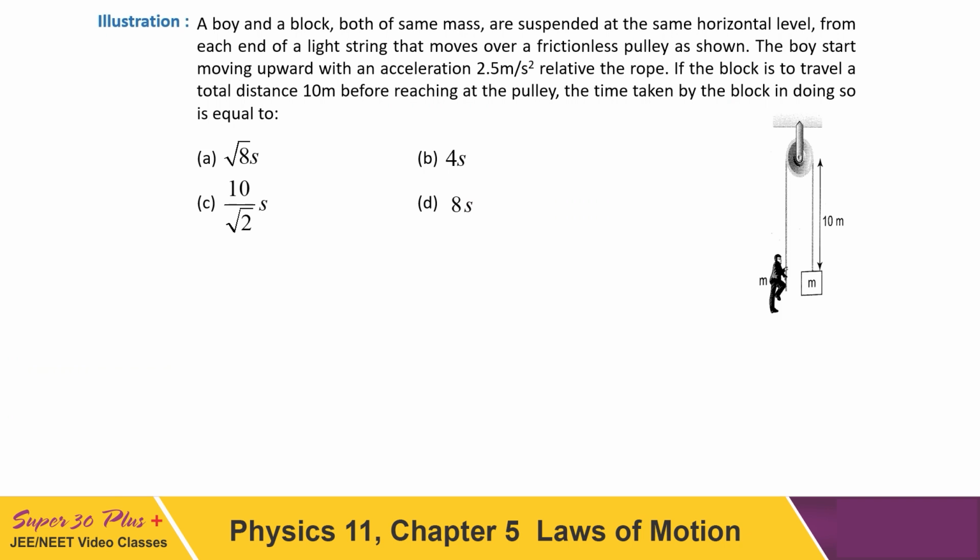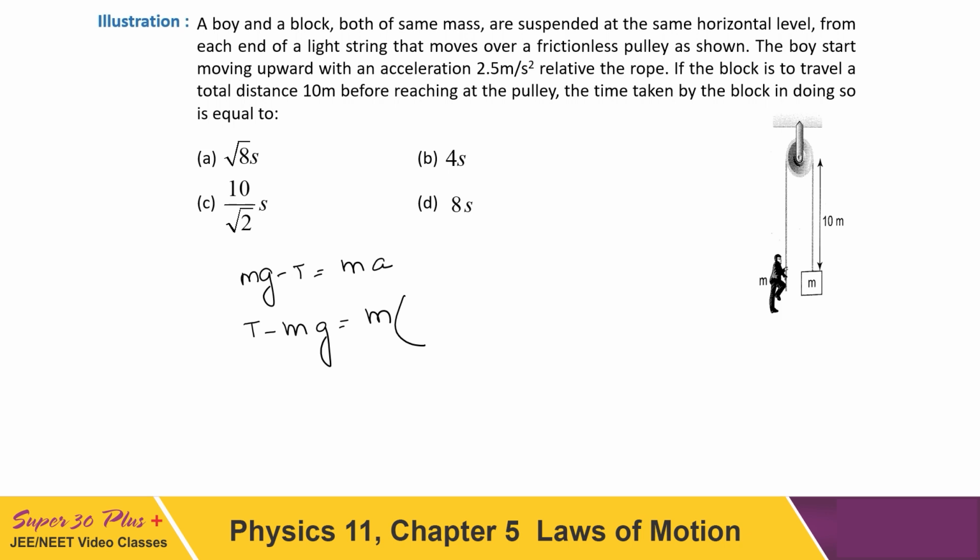then for the block, if it is coming in downward direction, we can write mg minus T equal to ma. And now for the man, the equation of motion, in upward direction the tension is there, so we write T minus mg, and this time acceleration of boy will be equal to acceleration of boy with respect to rope plus acceleration of rope.